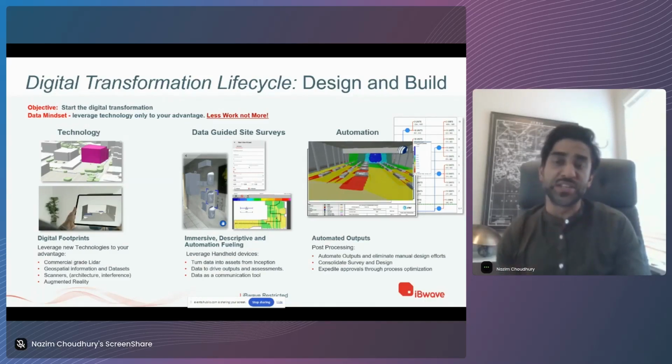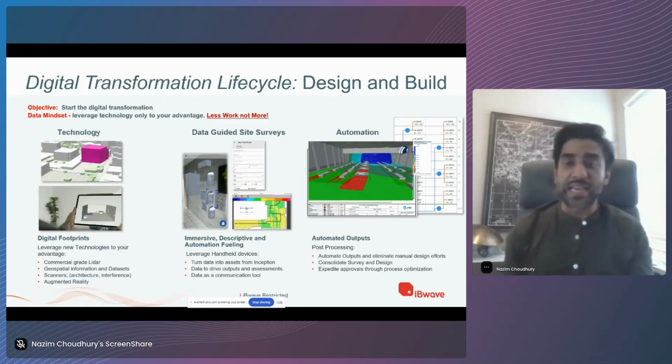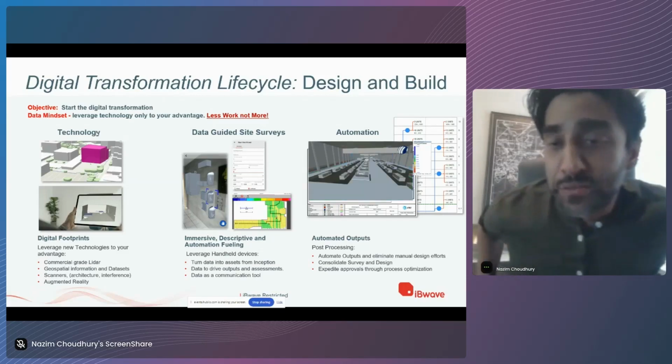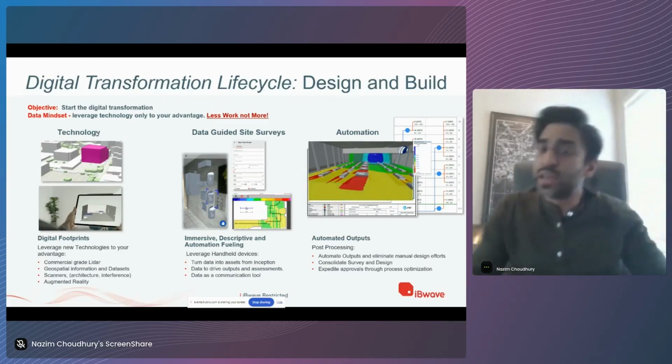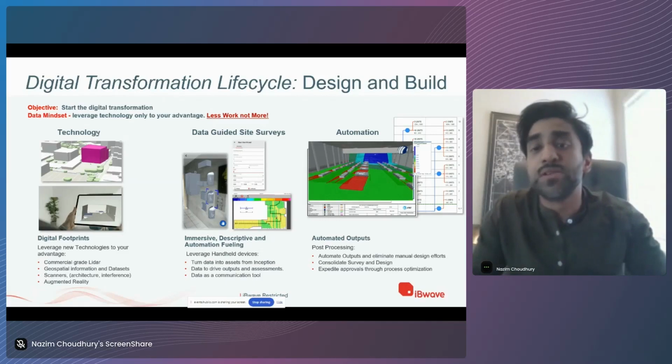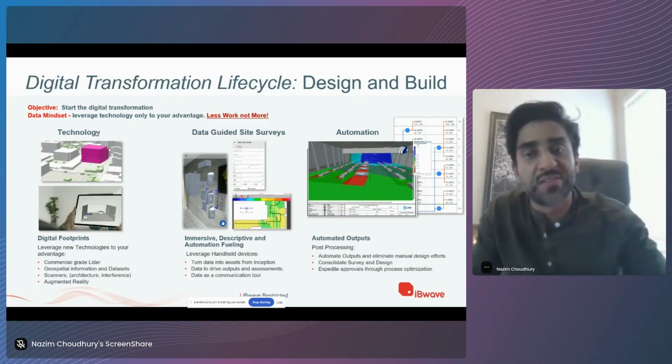So as you're starting your digital footprint, as you're doing your survey in the wireless world, those are key sets of information. So you have different technologies to help you capture that information digitally. So what kind of interference you're seeing inside the venue, but also what kind of architecture you're seeing in the venue as well.